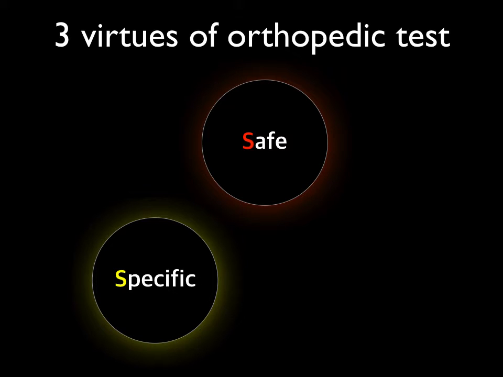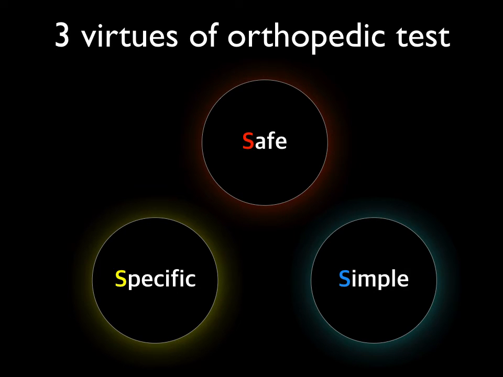One action makes one certain part painful, not general pain. And it should be simple. When they satisfy these three factors, that is a good test. And it is written in your textbook.